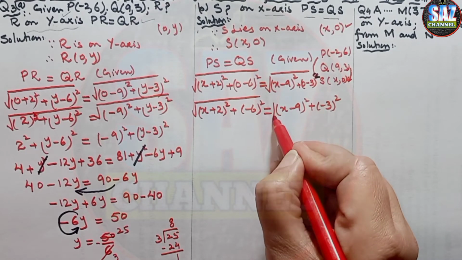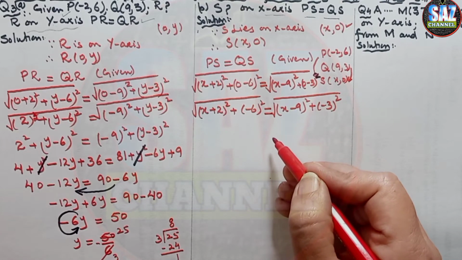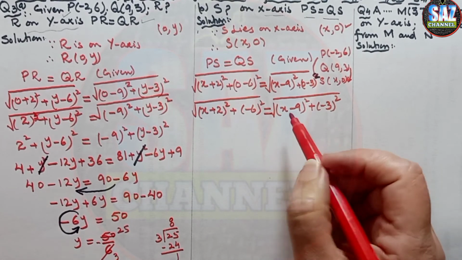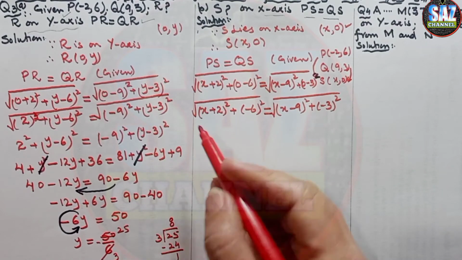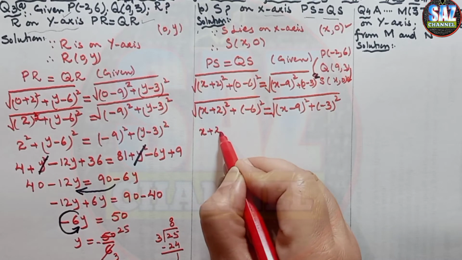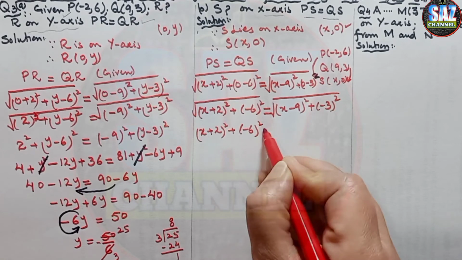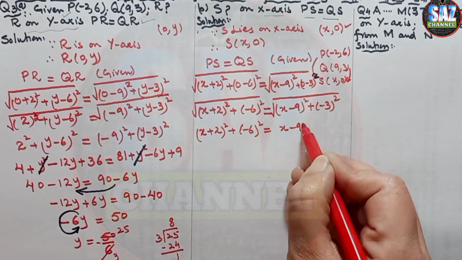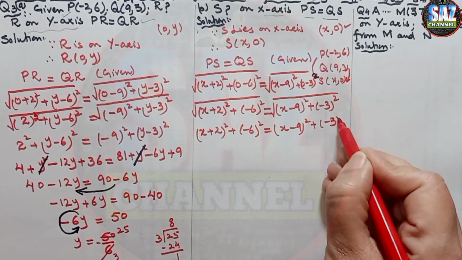Now again see that the letter that we want to find, that is x, is under the square root, and in order to remove that square root we have to take square on both sides. So squaring both sides will give me x plus 2 whole square plus minus 6 square equals to x minus 9 whole square plus minus 3 square.